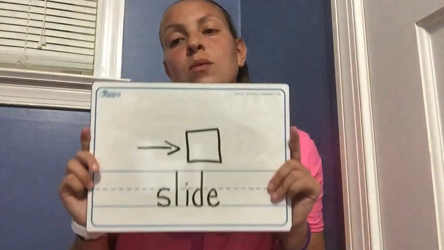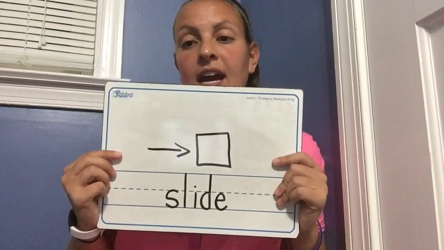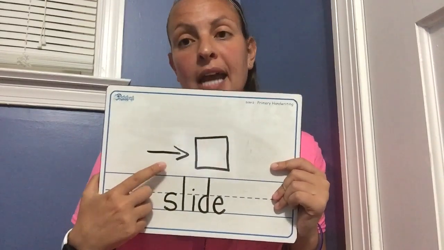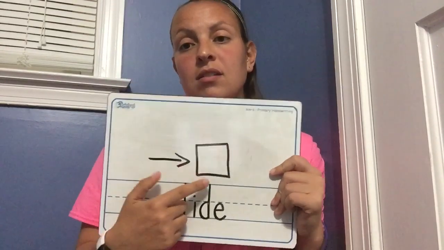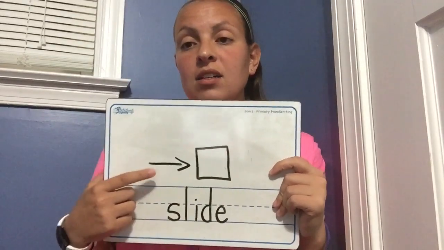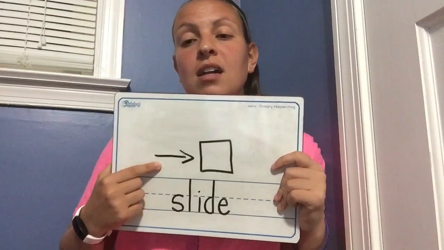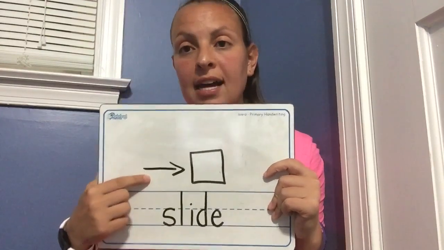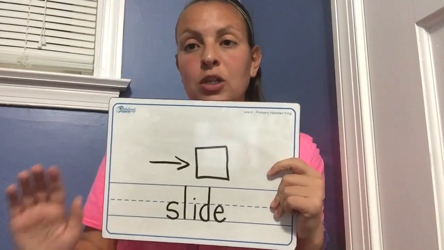The other word we're talking about today is the word slide. And for my picture, I drew an arrow with a little square, but it could be a cube. And the arrow is there because a lot of times when you want to slide something, you have to push it.